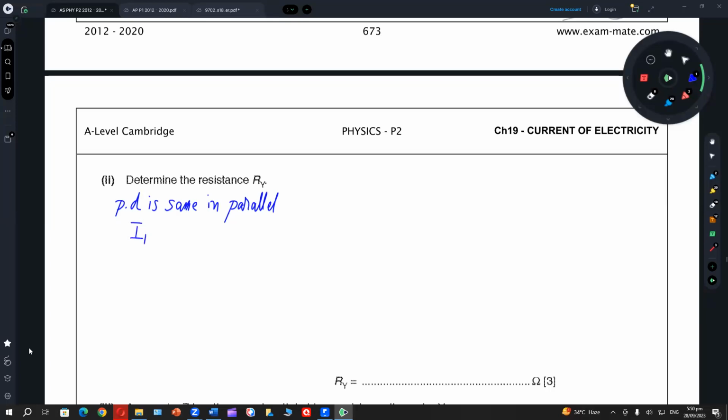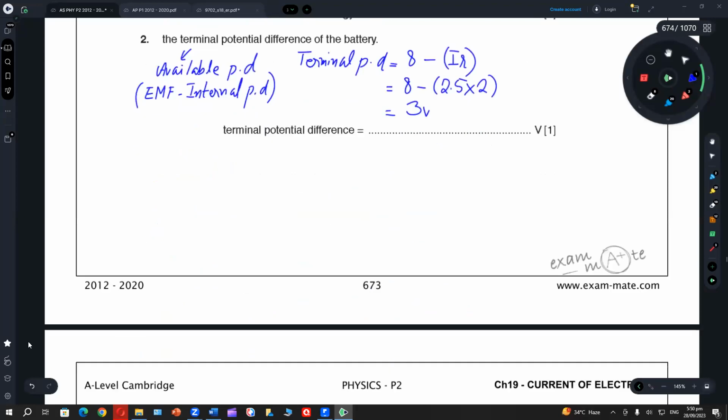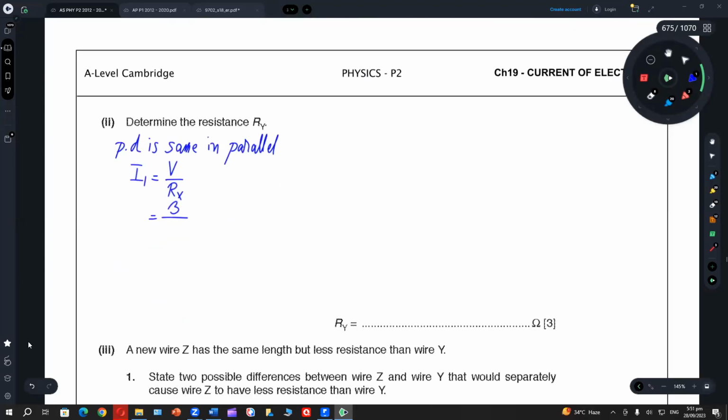So I1 is equal to V upon Rx, 3 upon 15. So that will give 0.2.